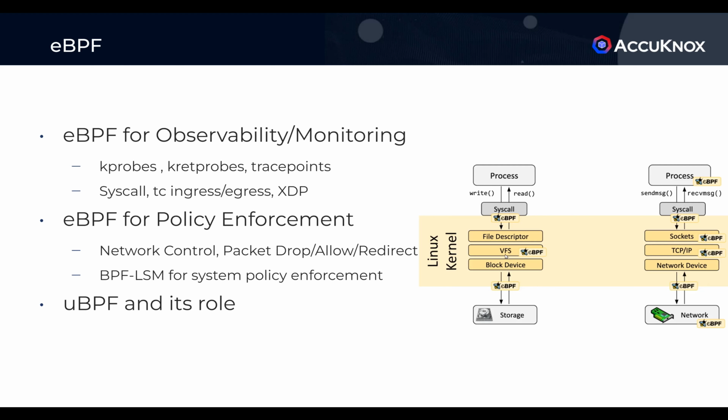I want to talk about uBPF as well, which is not often talked about. It's an important thing because eBPF is a kernel space technology, and by definition, the Linux kernel is a GPL kernel, which means that any extensions that you write in eBPF have to be GPL as well.